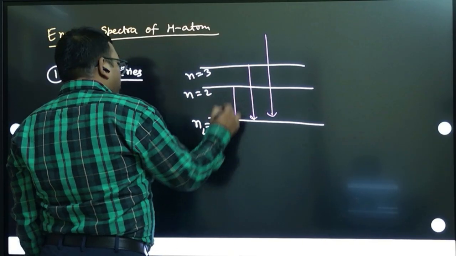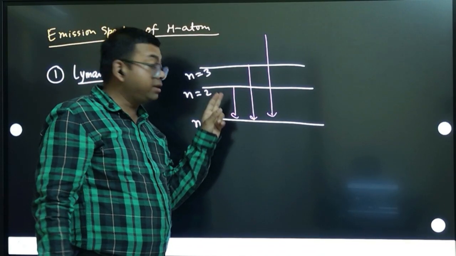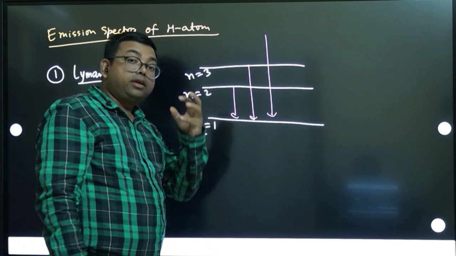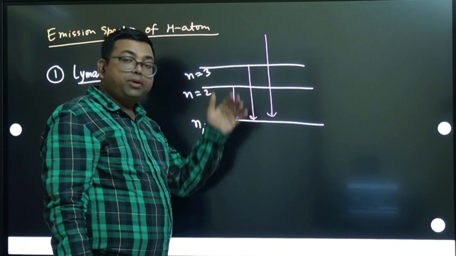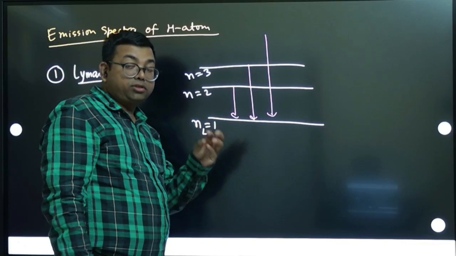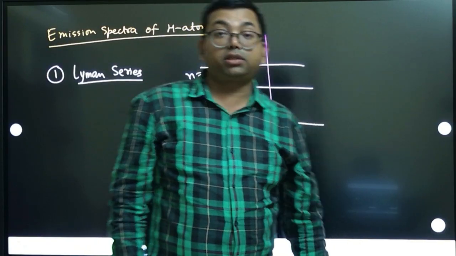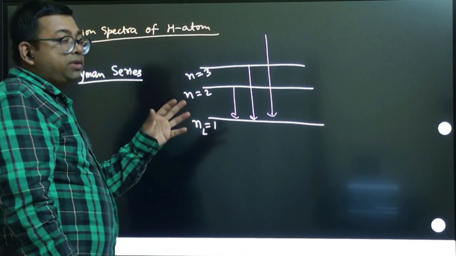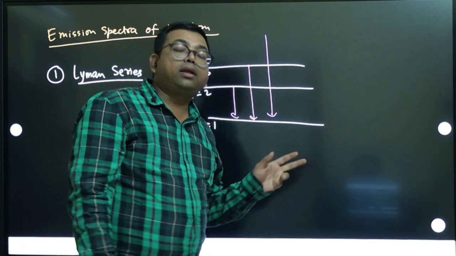This will be making some lines, because if it is jumping from the second energy level to the first energy level, a particular kind of photon will be emitted. Similarly, if it is jumping from third to first, a particular energy of photon will be emitted. Energy of photon means wavelength, wavelength means a line. A spectral line will be generated, and those lines we see in that spectrum. So we can try to calculate the wavelengths.